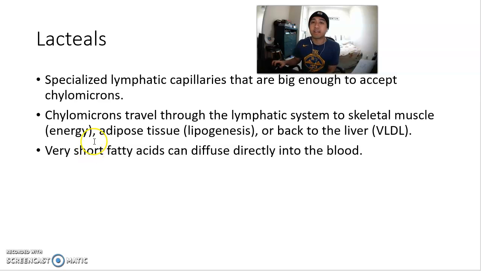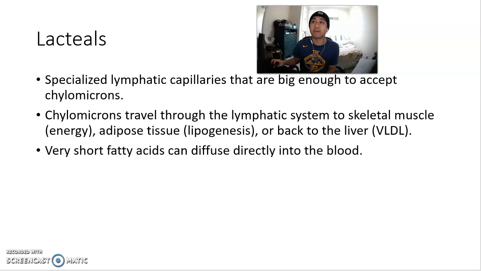And as you know, the lymphatic system is spread throughout the entire body, so as these chylomicrons travel through the lymphatic system, they can go anywhere, either to the skeletal muscle for energy use, or adipose tissue for lipogenesis, or simply back to the liver. And an interesting point here: very short fatty acids won't travel through the lymphatic capillaries at all. They'll actually diffuse directly into the bloodstream.